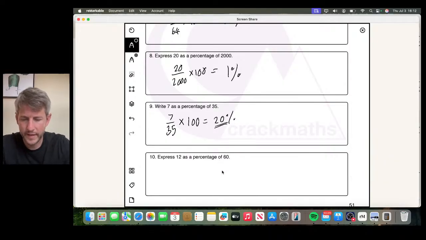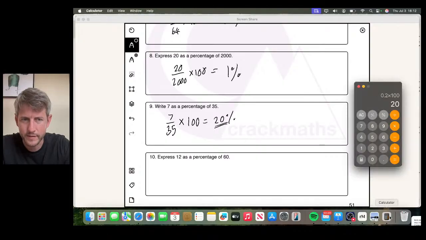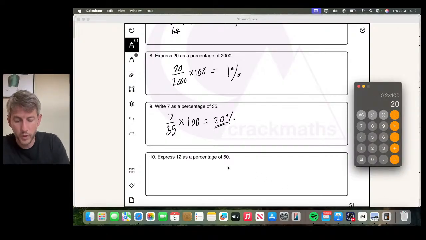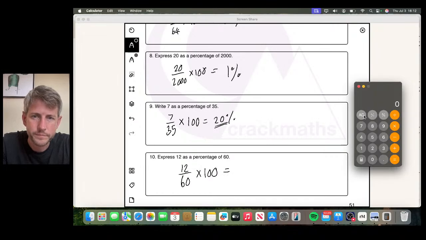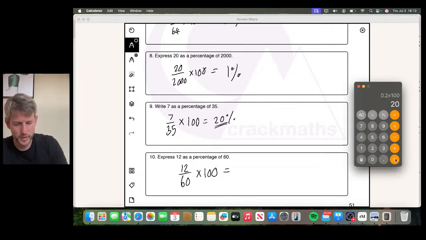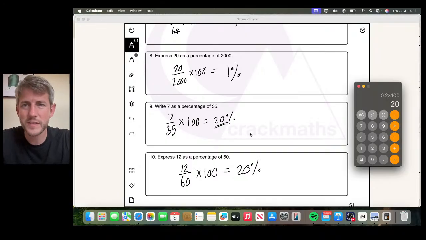Right, here we've got, I lost my little calculator. Right, here let's do this one. We've got 12 as a percentage of 60, so we've got 12 out of 60 times 100. So we can work this one out. So we've got 12 divided by 60 equals this, and times 100 equals 20%. Okay, great. Right, let's get this marked.